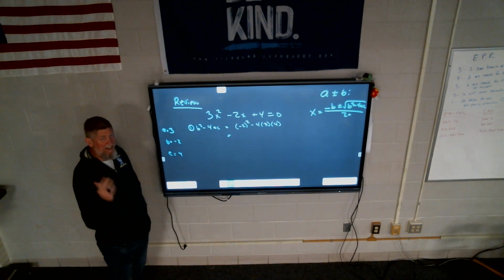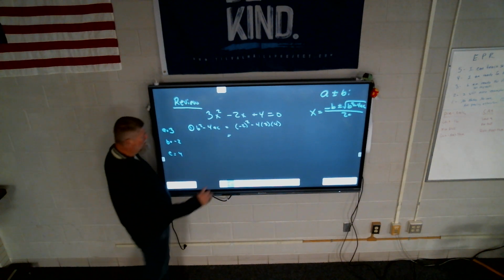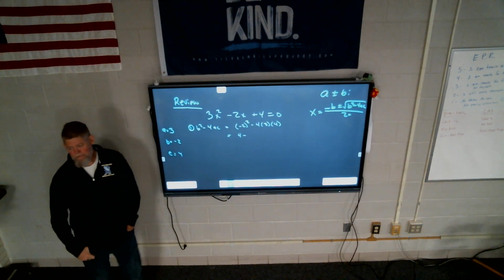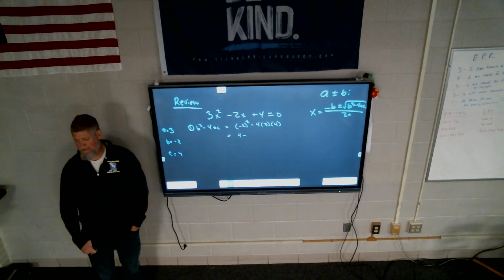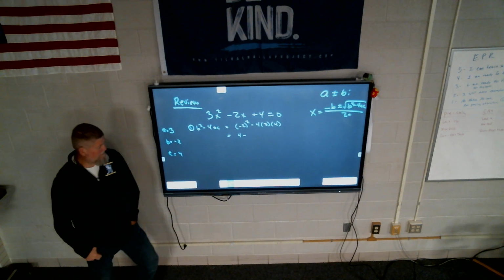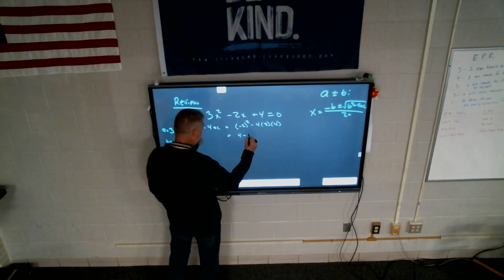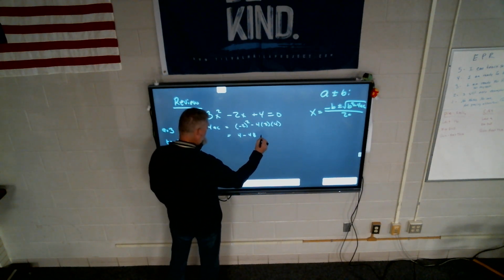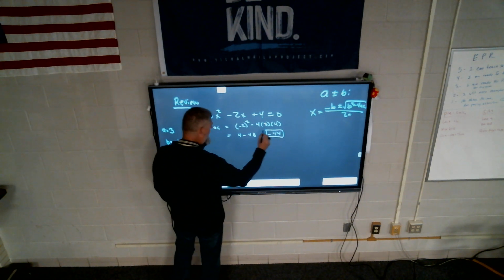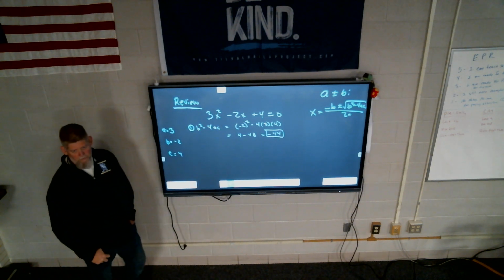All right, we'll delete that off. Negative 2 squared gives me 4, minus, what's 4 times 3 times 4? So you do parentheses first, so 12 times 4 is 48. Minus 48. So my discriminant then would be negative 44.